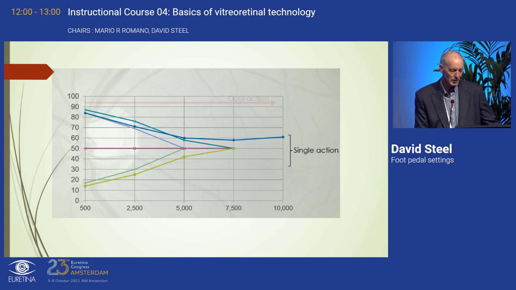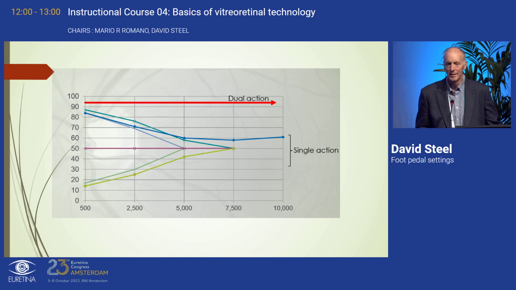With dual action cutters, like the Alcon Hypervit and the Dorc TDC cutter, the duty cycle doesn't change much with cut rates. So the duty cycle stays really high with high cut rates, meaning you don't get that reduction in flow with higher cut rates.